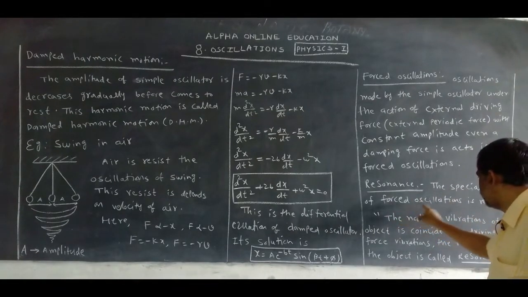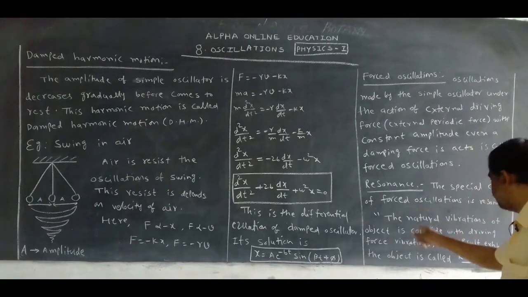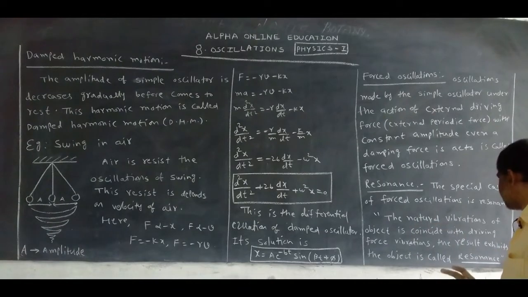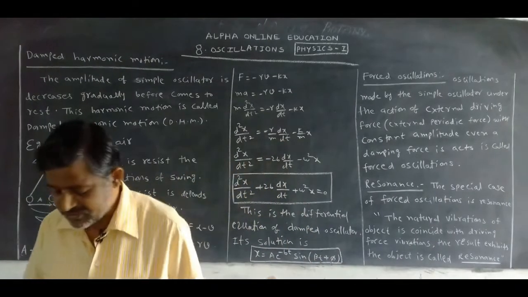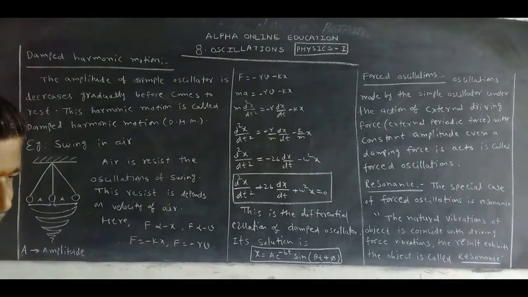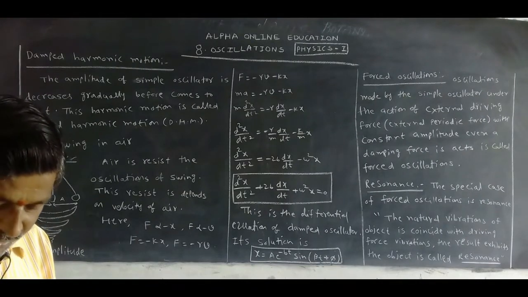The special case of forced oscillations is resonance. What is resonance? When the natural vibrations of the object coincide with the external driving force vibrations, the result exhibited by the object is called resonance.